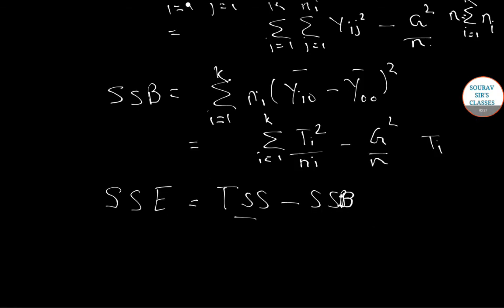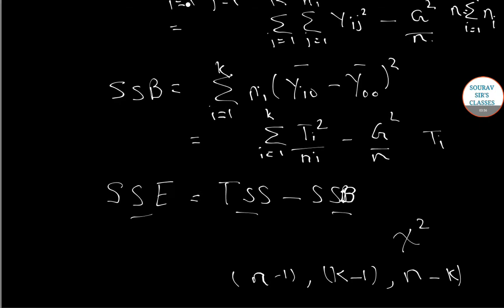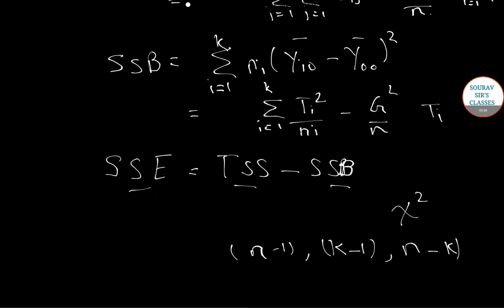This TSS, SSB and SSE follow chi-square distribution with n minus 1, k minus 1 and n minus k degrees of freedom. This is for TSS, this is for SSB and this is for SSE.